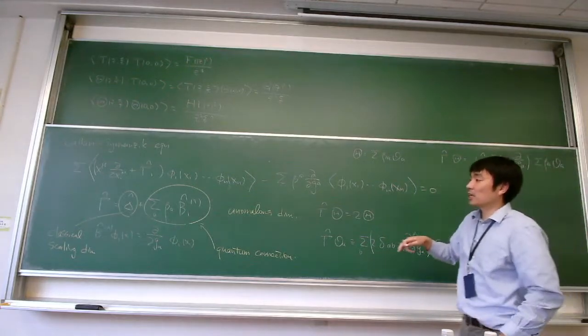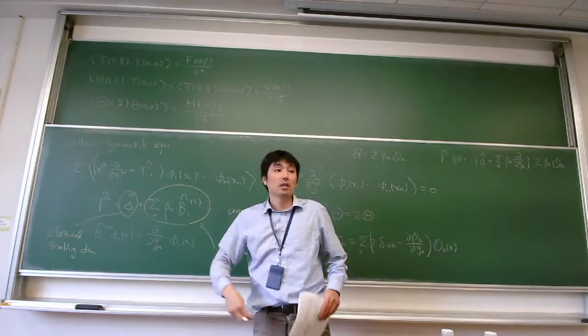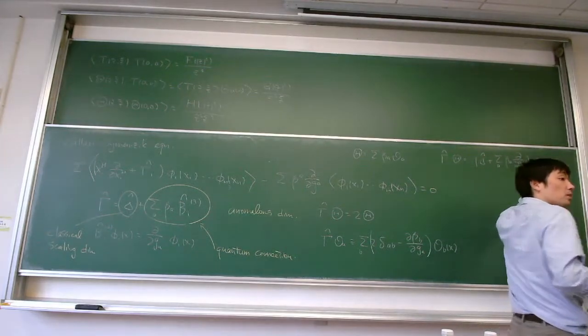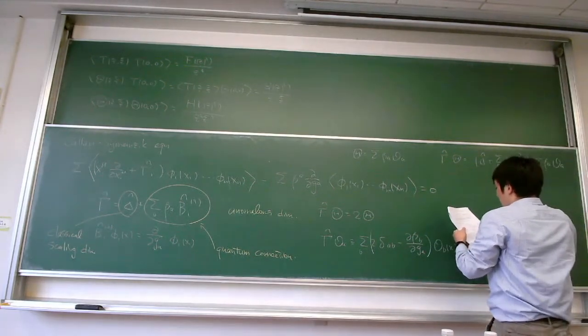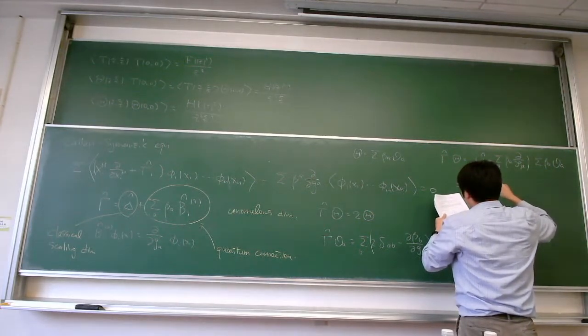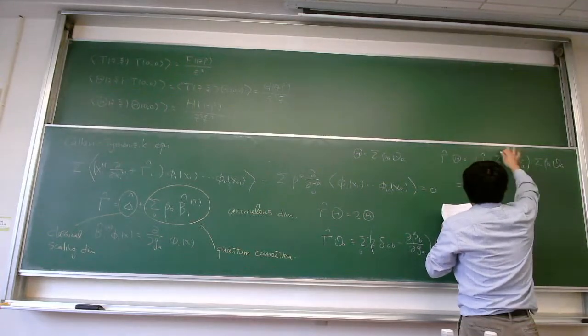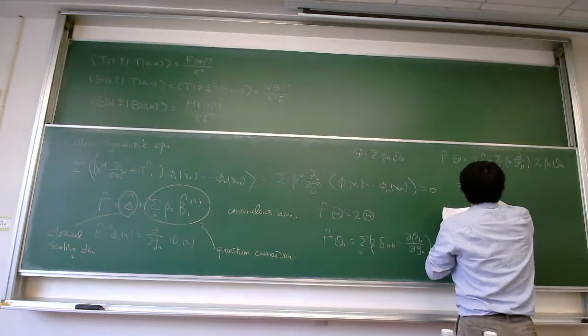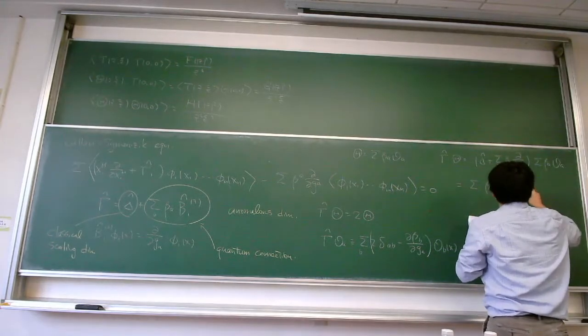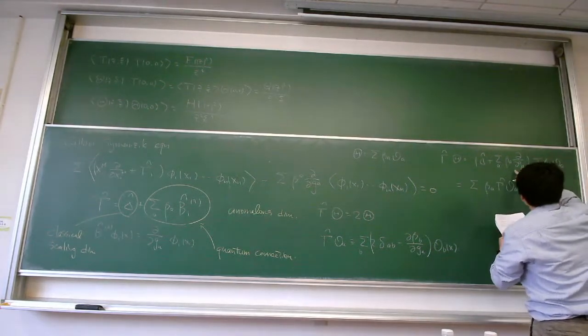So instead of b hat, I just write the derivative with respect to the coupling constant, and then we just act on it one by one. So this operator is gamma. Therefore, this can be understood as beta A gamma hat acting on operator O A, plus this beta.